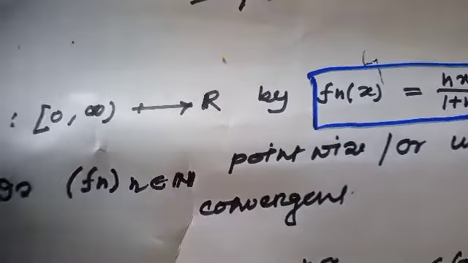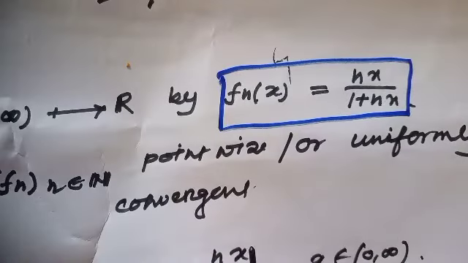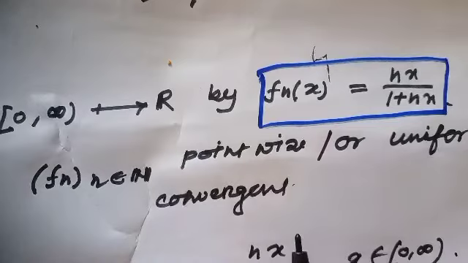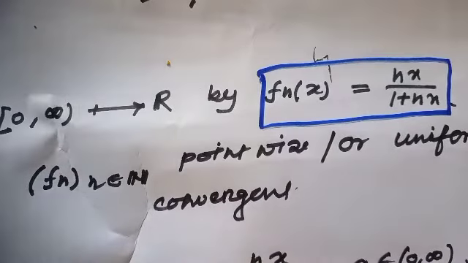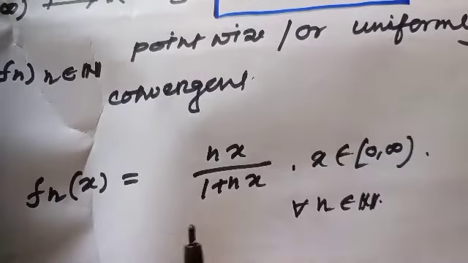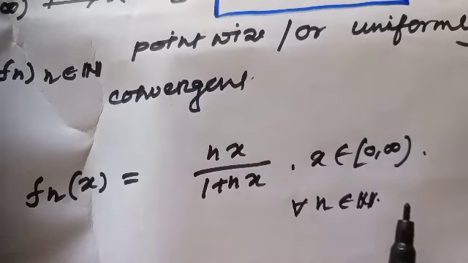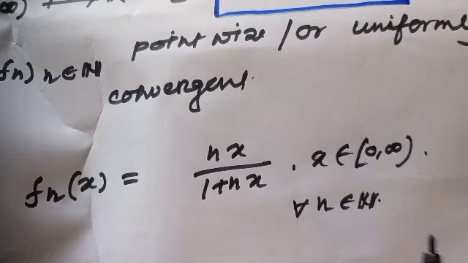Now the question is, is fn pointwise or uniformly convergent on the interval closed 0 open infinity? Notice fn(x) equal to nx over 1 plus nx, where x is defined on closed 0 open infinity, for all n belonging to the natural numbers.